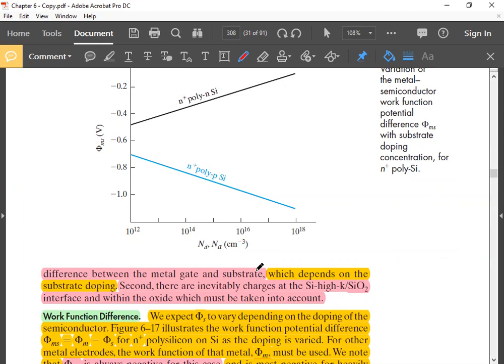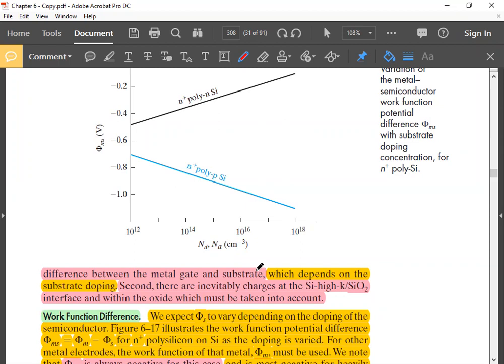And another thing is, I told you, at the oxide semiconductor interface, and also in the oxide layer itself, there are some things happening. There will be some additional charge at the oxide semiconductor interface and also within the oxide layer, which we have ignored.